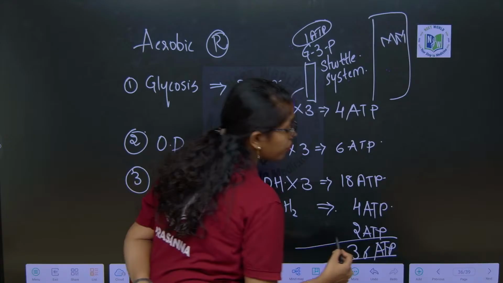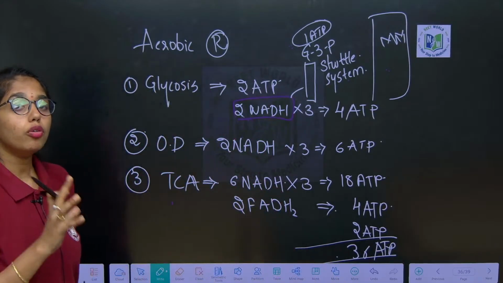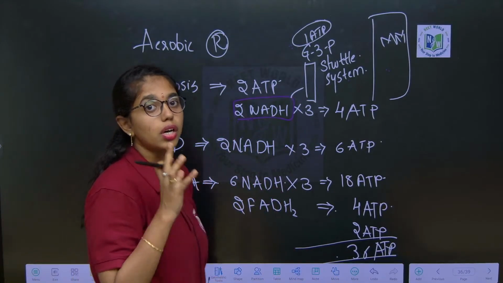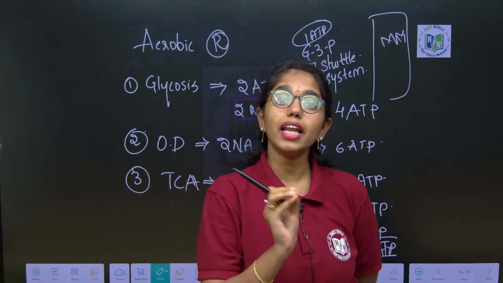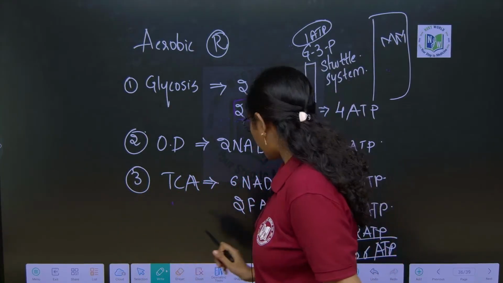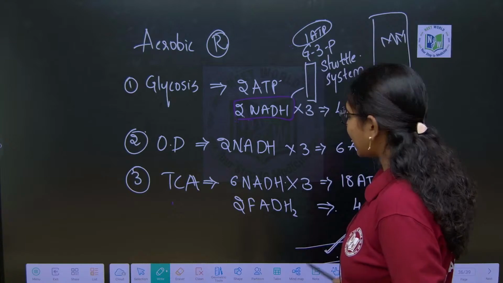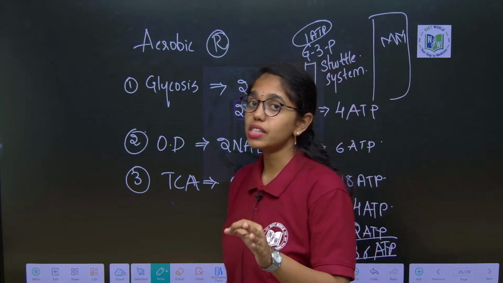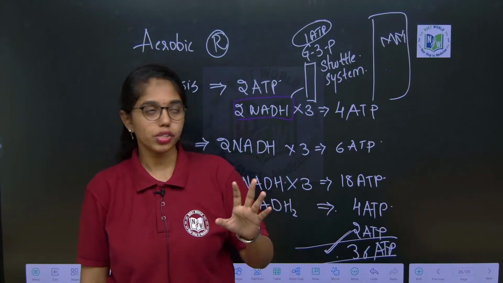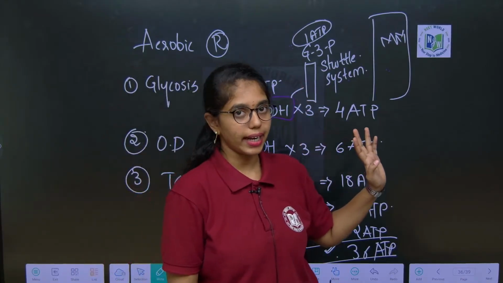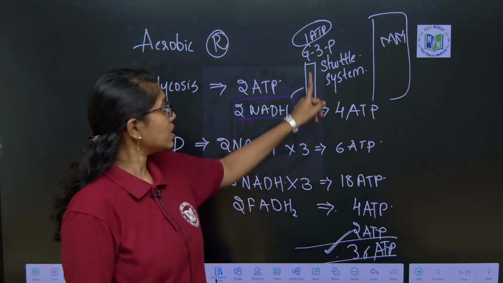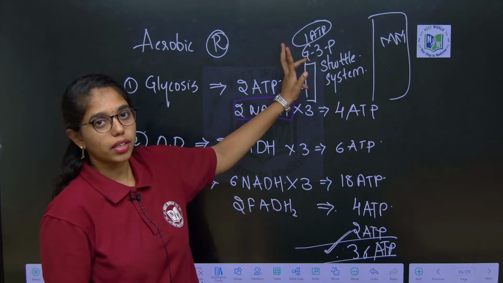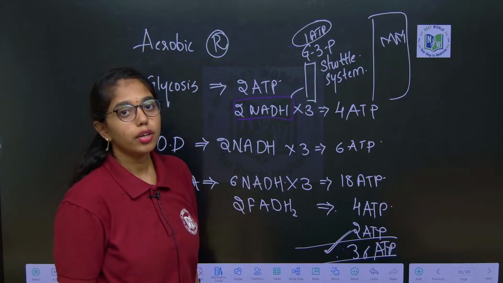In your exam, if the question is how much energy is being released from aerobic respiration in a eukaryotic cell, you have to go for 36 ATP. If they are generally asking how much ATP is released from aerobic respiration, then you can go for 38 ATP, because in eukaryotic cells the G3P shuttle system is activated, you have to eliminate 2 ATP.